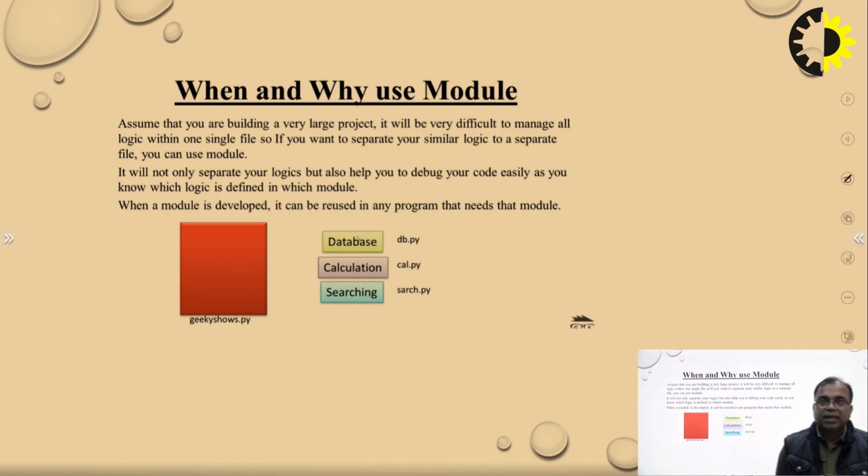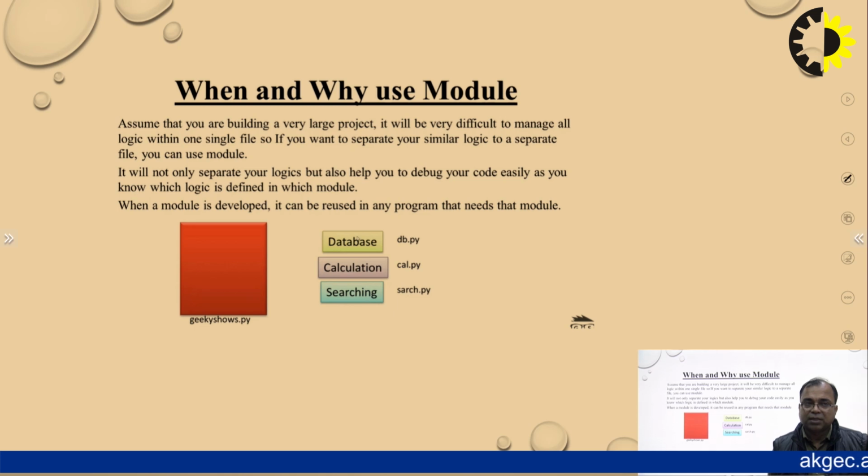Now the thing is, when and why we use modules, why we need them. Suppose assume that we are building a very large project, like a banking project. It will be very difficult to manage all the logic within one single file.